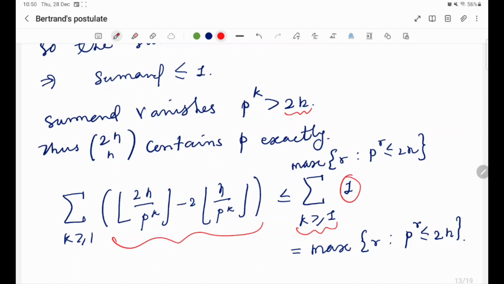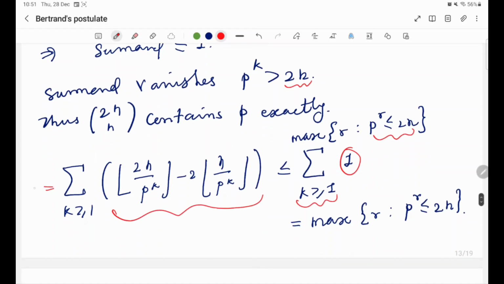And how far can it go? It can go up to the largest power of p which is less than or equal to 2n. That's the maximal way I can go for this, and after that it will be 0.